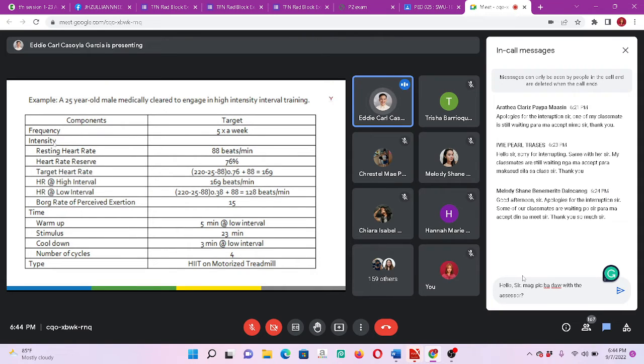And then for the intensity, you need to be specific. Kindly write the intensity on this part, light intensity and moderate intensity only. And for the resting heart rate, everyone, you have 2 options here, or 2 ways for you to get your resting heart rate. So first, early in the morning, before you get out of bed, immediately locate your pulse and count the number of beats in 1 minute. Then after counting, that's your resting heart rate already.